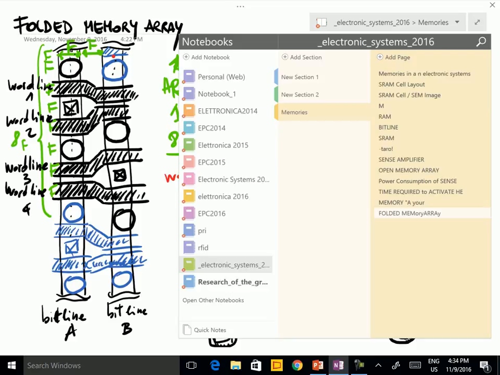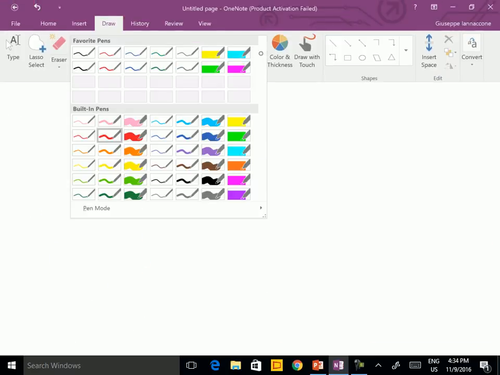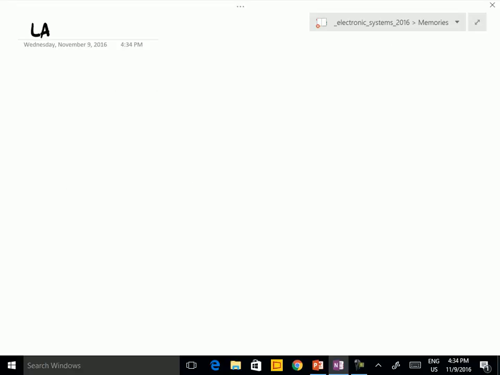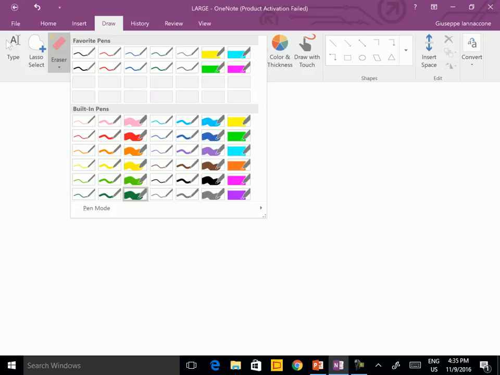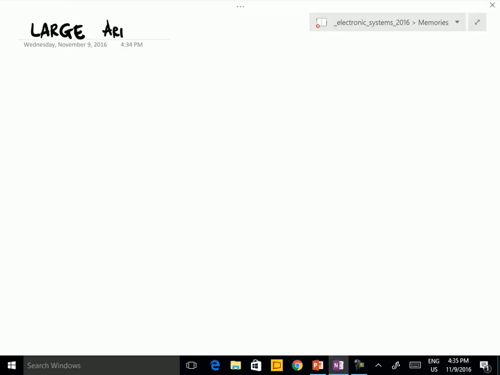Now, just to close this part, I mentioned that we have a maximum size of the array, which is 512 times 512. If we need larger arrays, we need to combine these smaller ones. So max bank is 512 times 512, which means 256 kilobit.